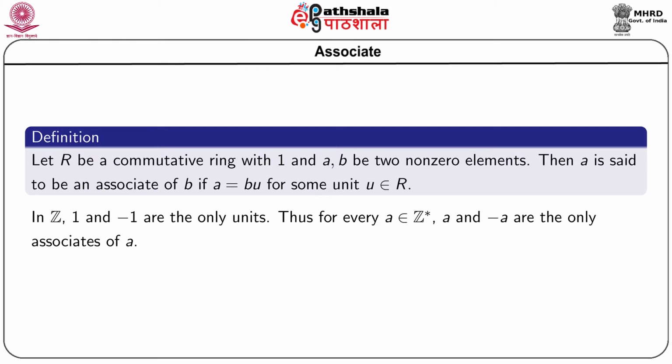In Z, we know that 1 and -1 are the only units, and hence if a is a non-zero integer, then a has only two associates, namely a and -a.